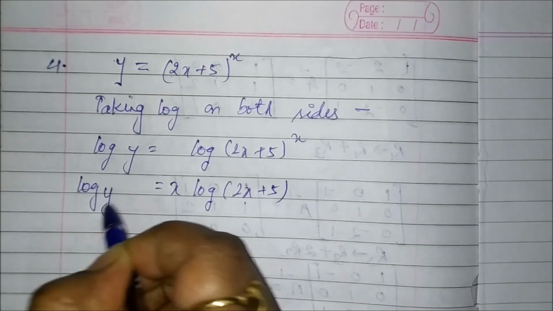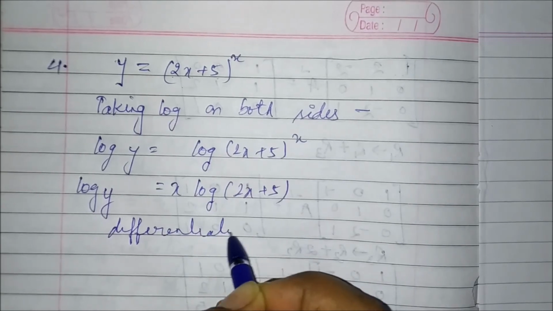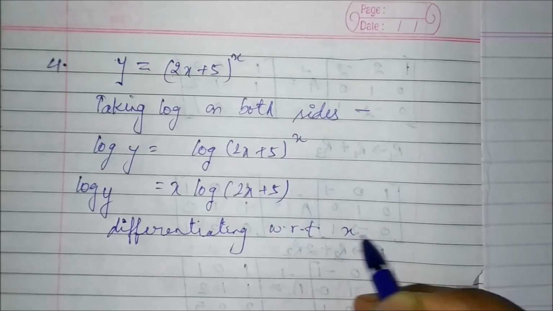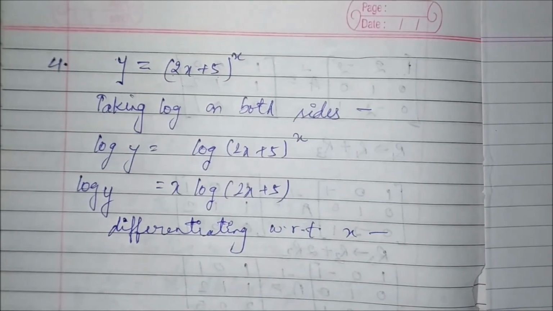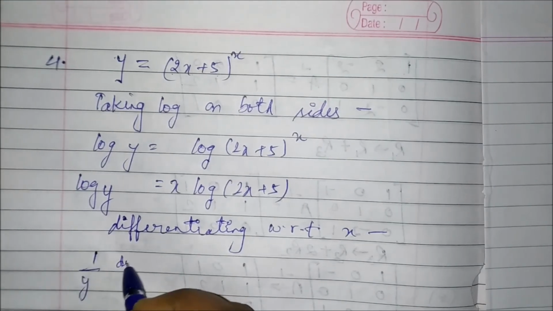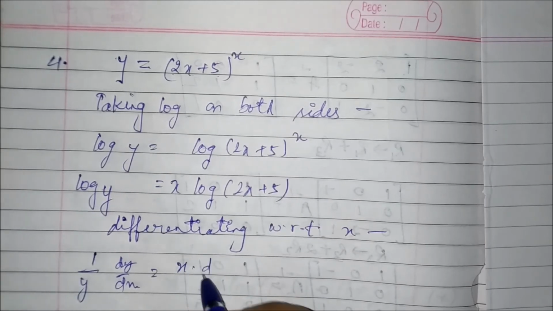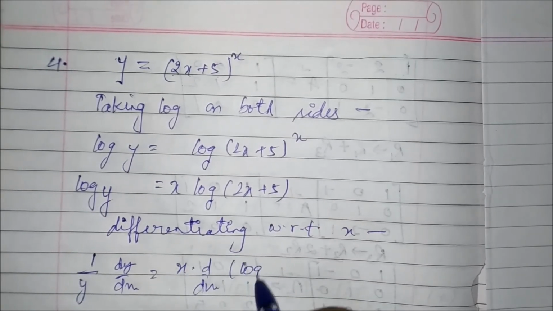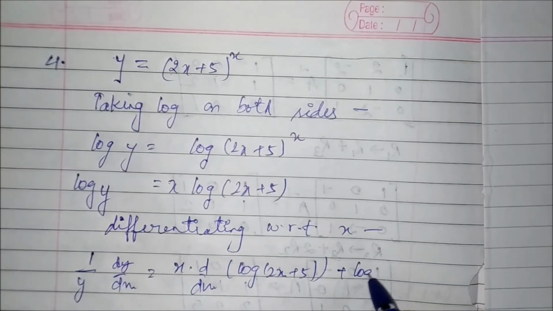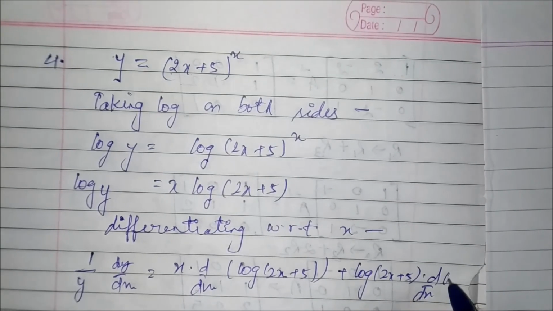Okay, now differentiating on both sides with respect to x. Here we get 1 by y and dy by dx equals x into d by dx of log (2x plus 5), plus log (2x plus 5) into d by dx of x.